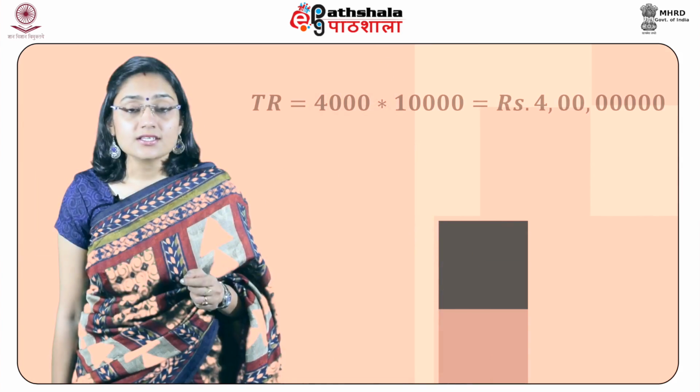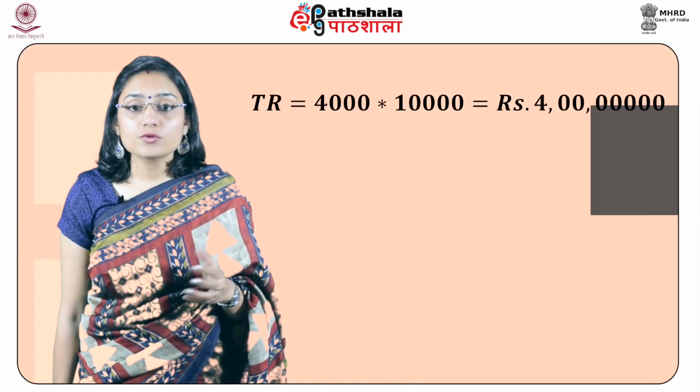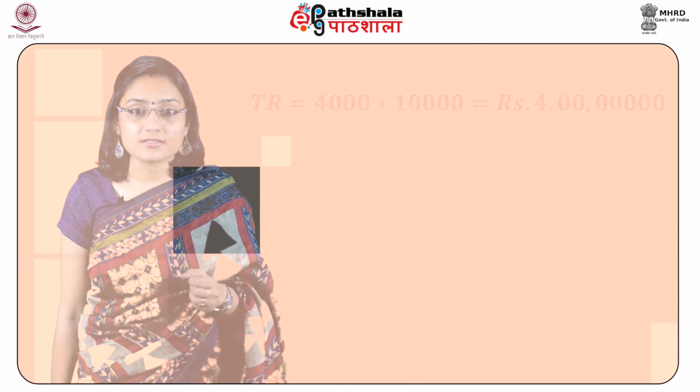For example, ABC Limited Company makes cell phones. The price of a cell phone is Rs 4,000 and the total number of cell phones sold by it in the year 2014 was 10,000. Thus, TR is equal to 4,000 times 10,000, which amounts to 4 lakh rupees.